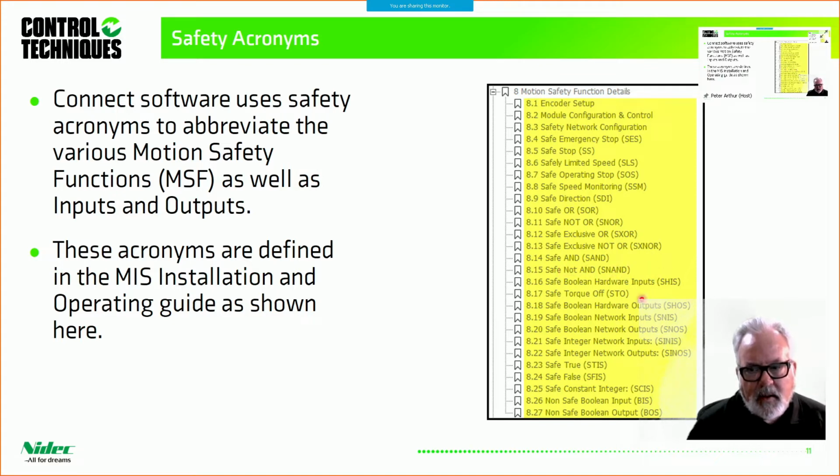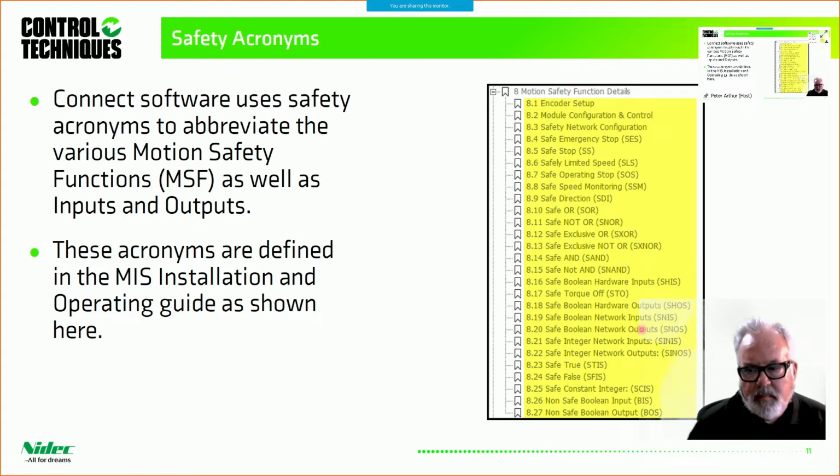And then down here, we get into some of the safety functions too, or the MSFs also. So these acronyms are best found in the manual, specifically the installation and operating guide.